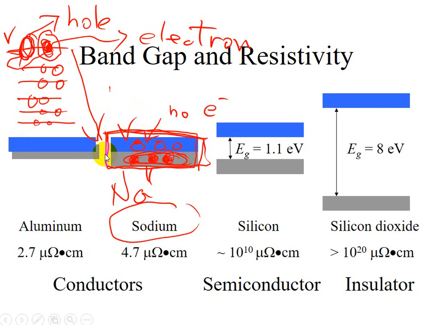That will meet the second criteria where we define the conductor. You have hole in valence band. So in the case of sodium, the reason it is a conductor is because it's half filled. Over here, the valence band is half filled.